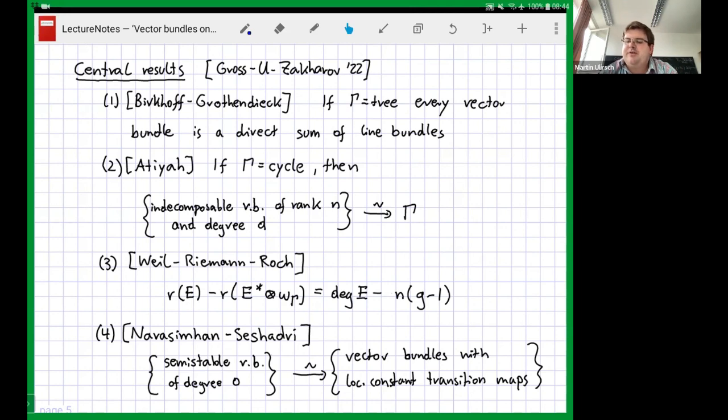So you have a notion of degree and a notion of rank, so you can define the slope. Then you define semi-stable bundles to be exactly those vector bundles such that for all subbundles you have the slope inequality, meaning the slope of the subbundle is less than or equal to the slope of the whole bundle.